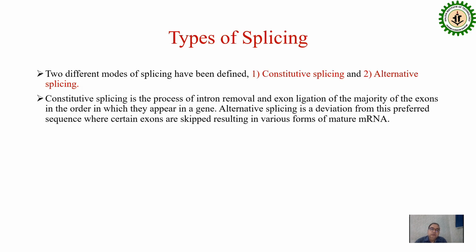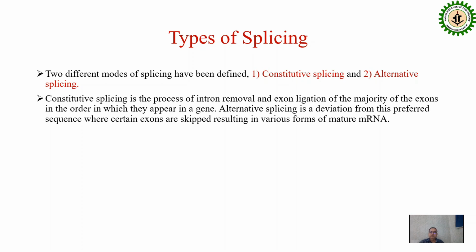As I have told earlier, there are 2 types of splicing. Constitutive splicing is the simple splicing. That means the order of the exons remains the same and simply the introns are removed, so there is no change.